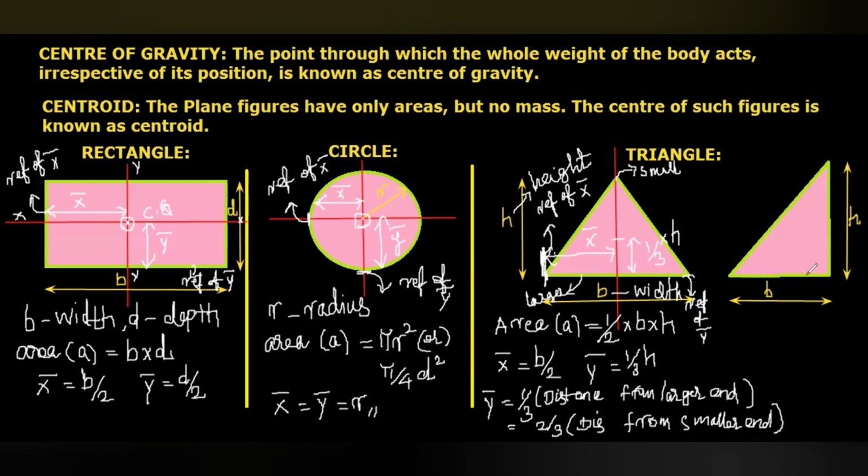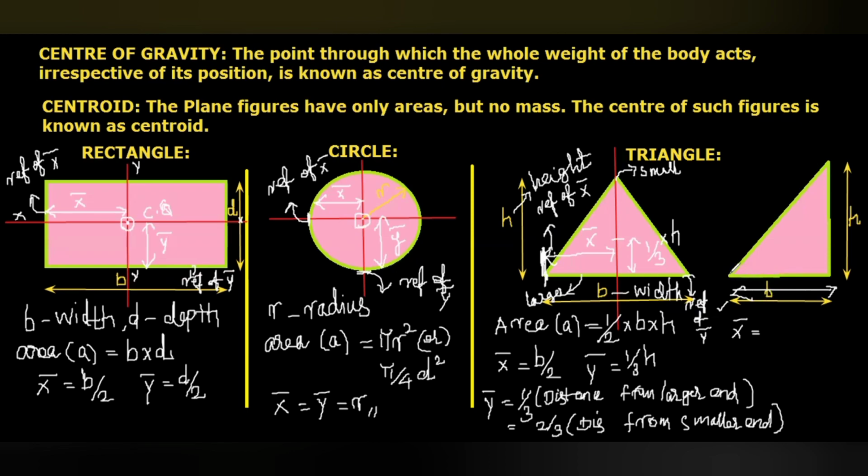Then this type of right angle triangle is not symmetric about any axis. Here the area is the same, no issue with the area. Only the change is x bar and y bar. Here x bar, we are going to take horizontal. That means x bar is parallel to horizontal. For this axis, b is the distance we are going to take.